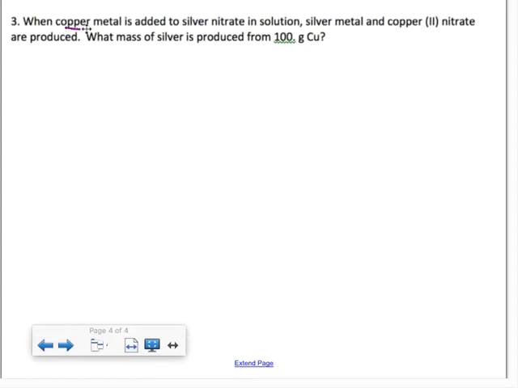Copper metal, that's just Cu, is added to silver nitrate. We know silver is Ag, and nitrate is a polyatomic ion, so you have to look that one up. AgNO3. So copper plus AgNO3. We add these two together.